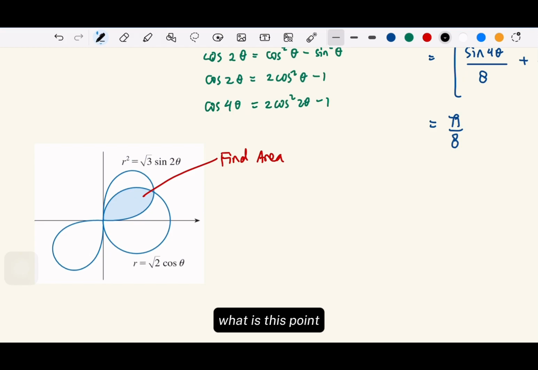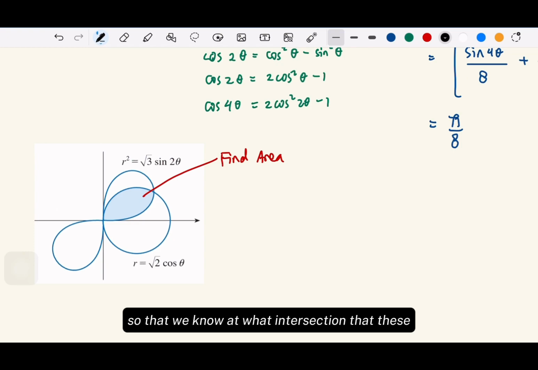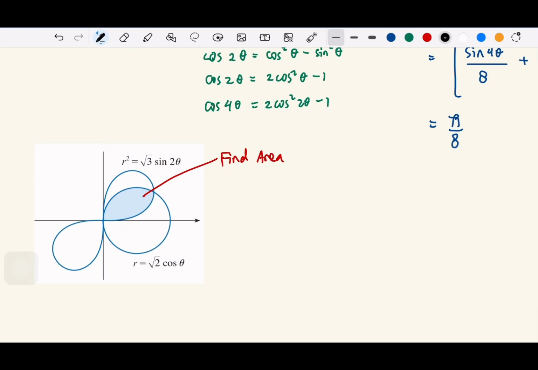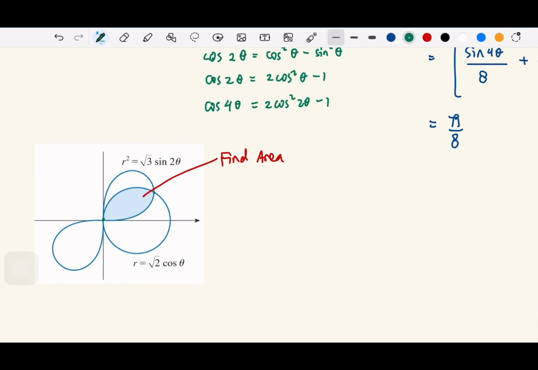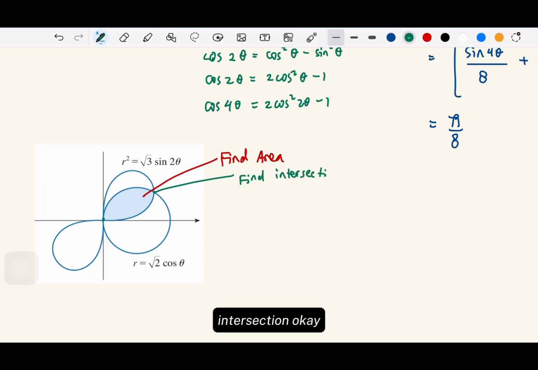First is finding the intersections, so that we know at what points these both curves share the area. We have two intersections, here and here. So find the intersection.